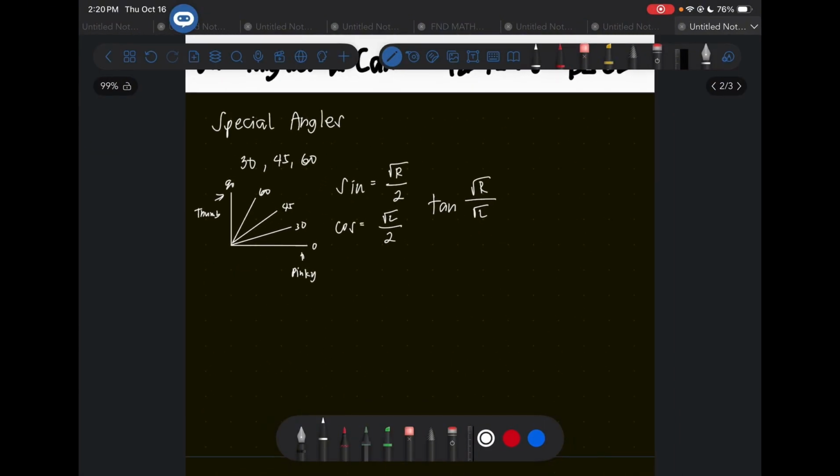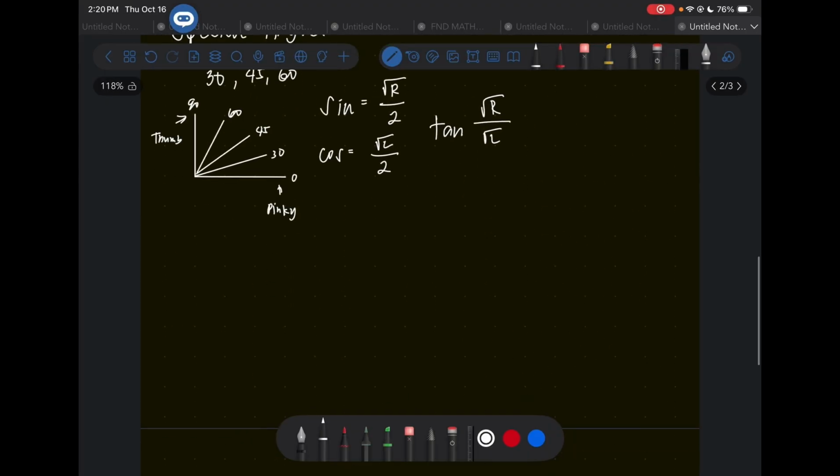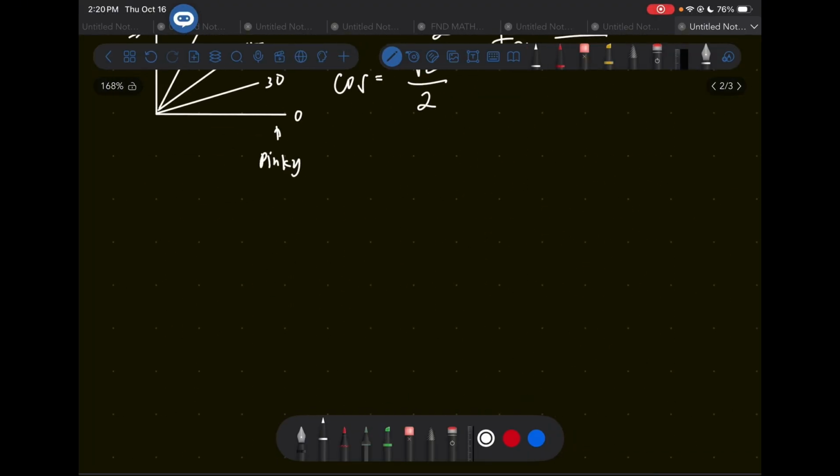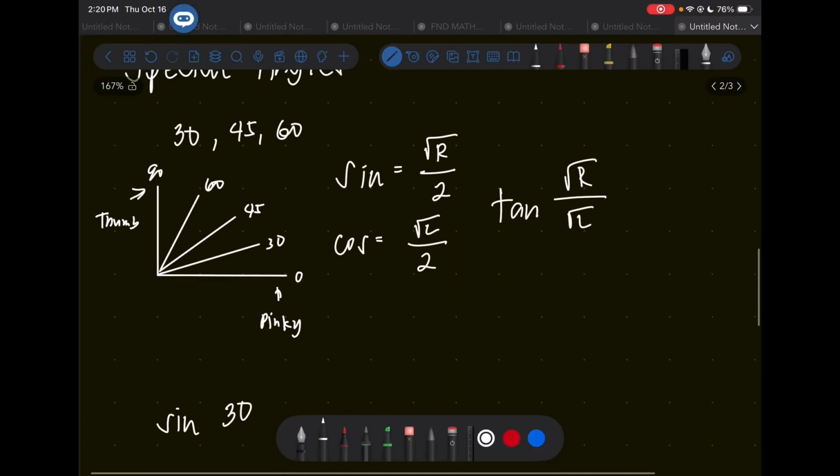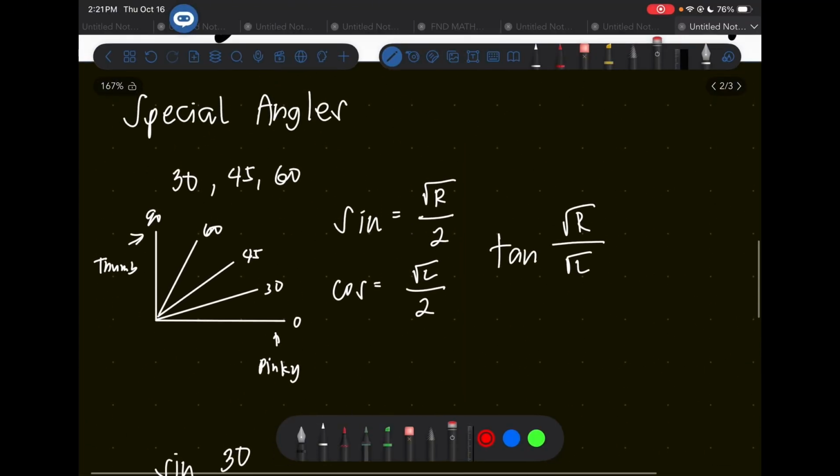So how do we apply this? First, let's start with sine 30. According to this rule, this is 30. Now, sine is whatever amount of fingers you have on your right side.